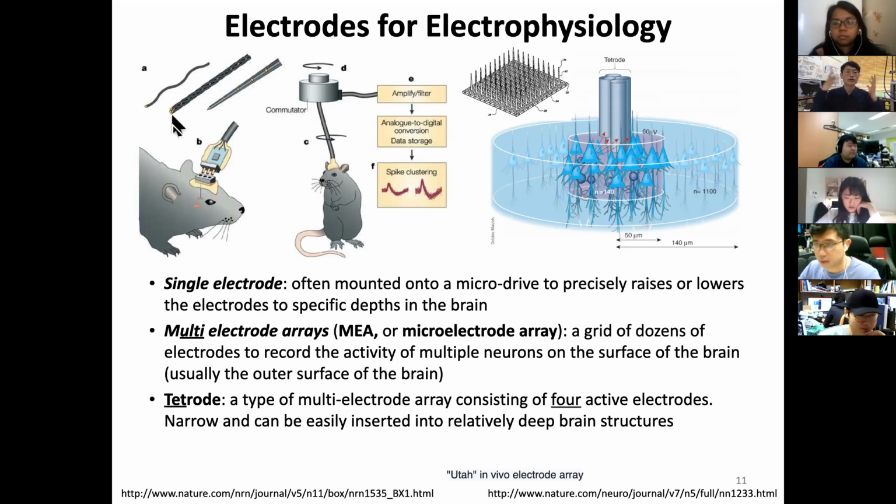But sometimes, for example, much of the cortex has a layered structure. Mouse has layers 1, 2, 3, 4, 5. So for these multiple layers you want to probe, you can have different probe heights, and you insert, and you can measure deep structure electrical activity from layer to layer.